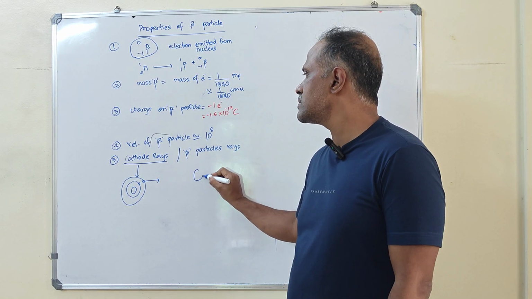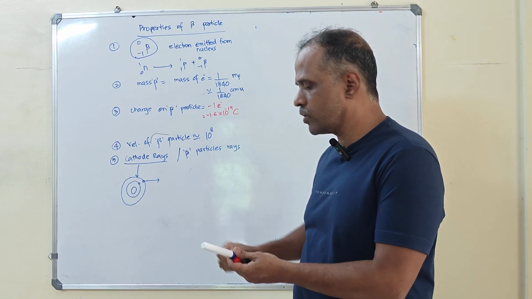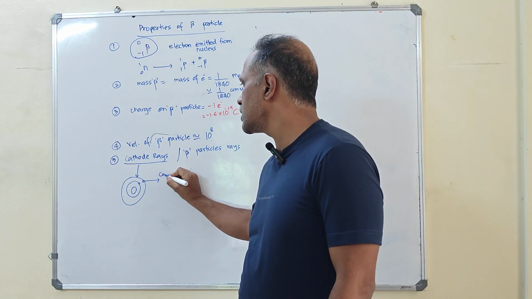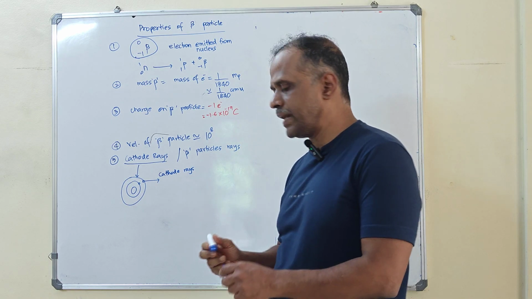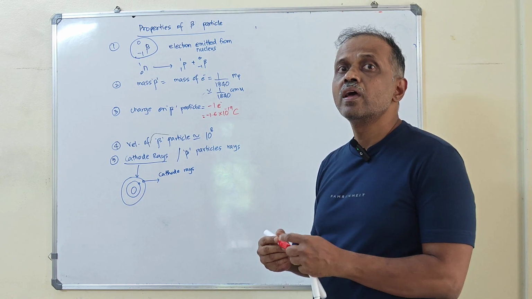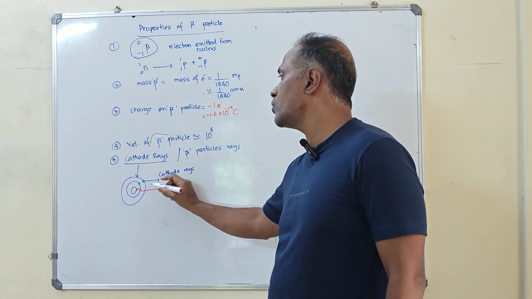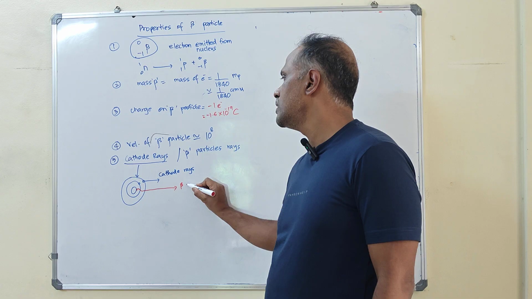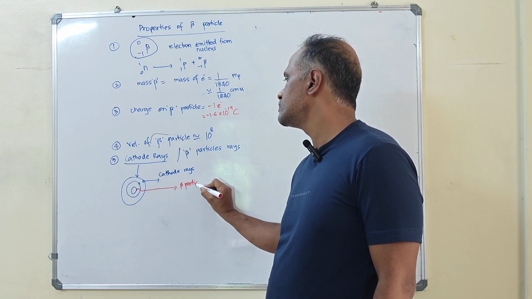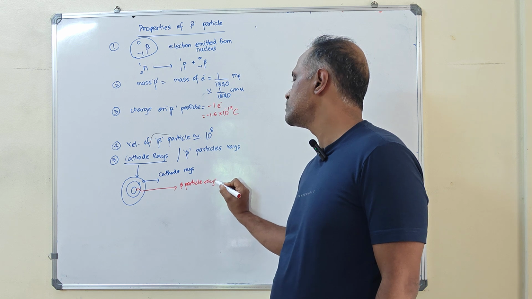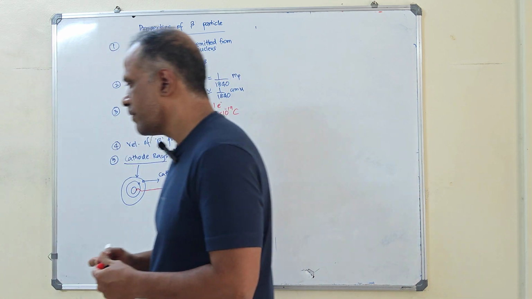I will draw it over here. This is the origin of the cathode rays, whereas the origin of beta rays is from the nucleus.